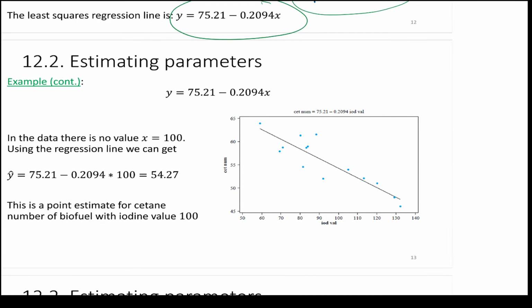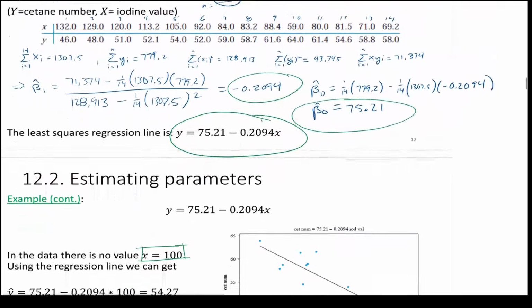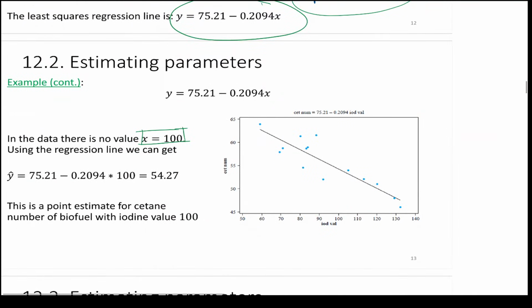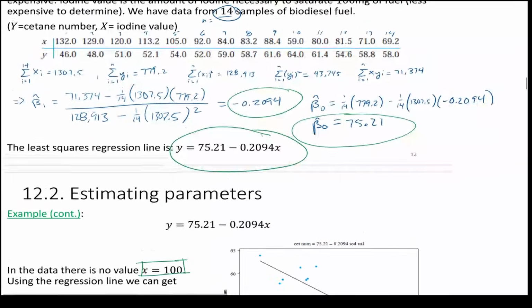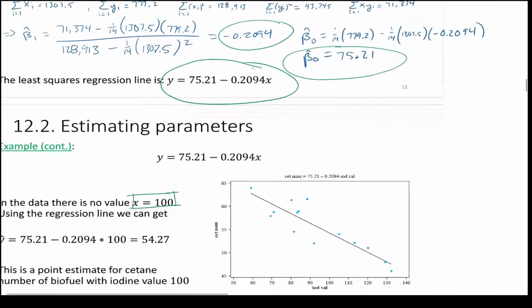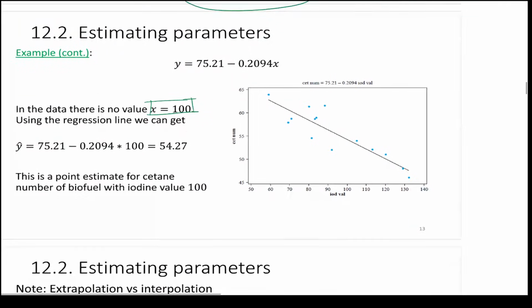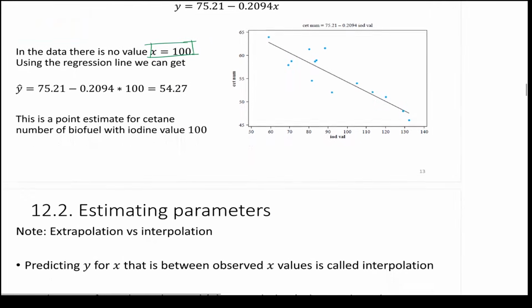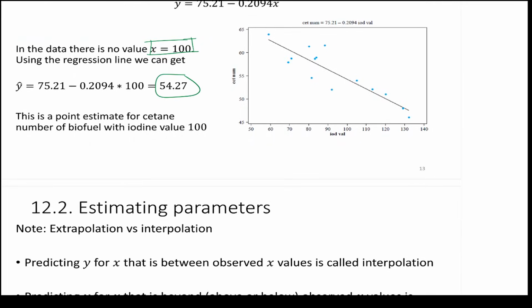But let's use x equals 100 and estimate the cetane level. Y is the cetane level. So at an iodine value of 100, what is the corresponding cetane level? Well, probably 54.27. So about right there.